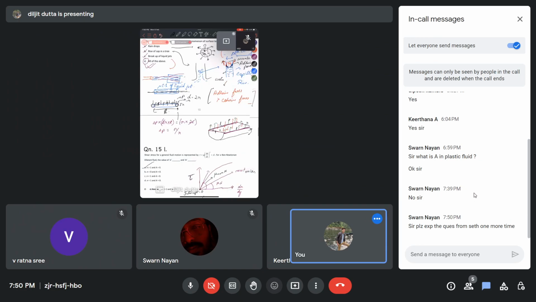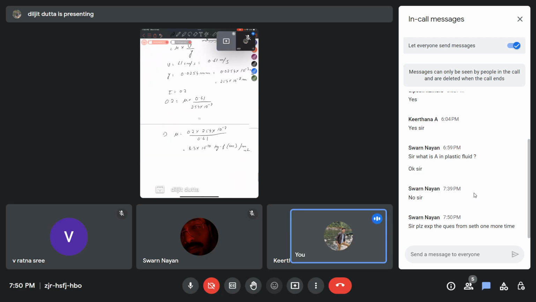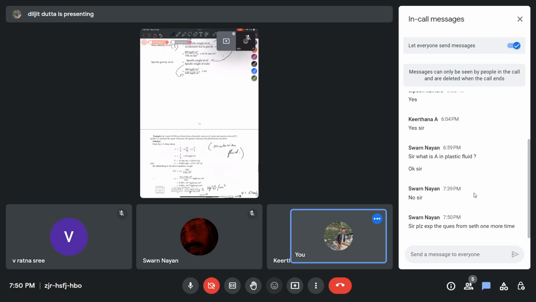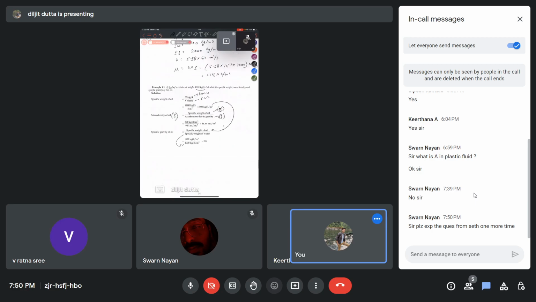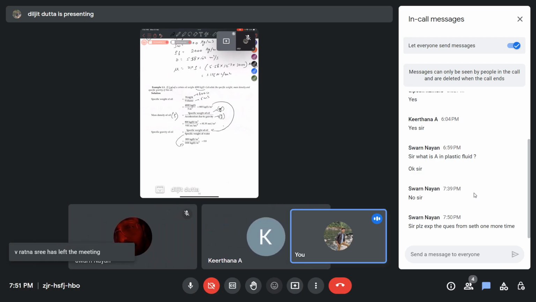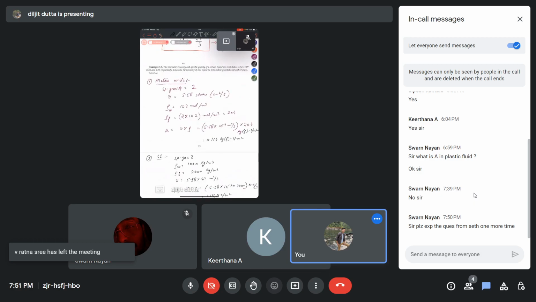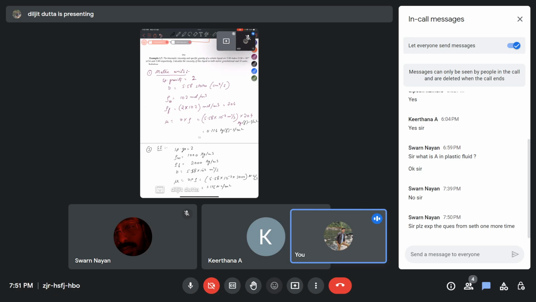Which question? The last two questions are just based on units, I think. Specific weight, mass density, and specific gravity are just based on formulas.